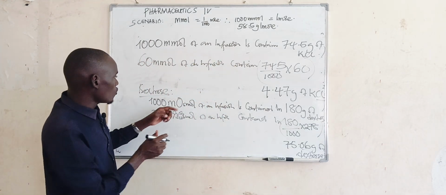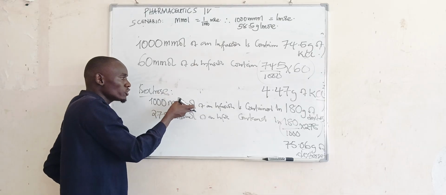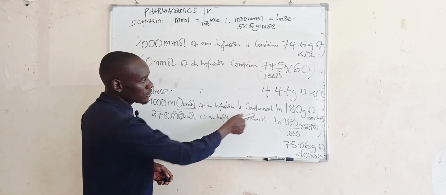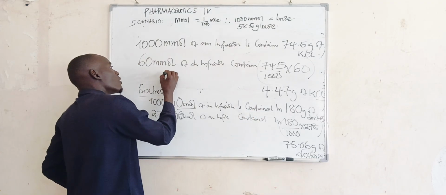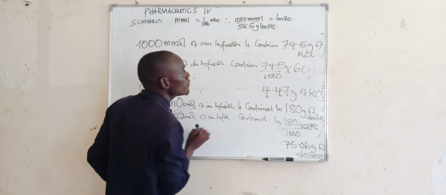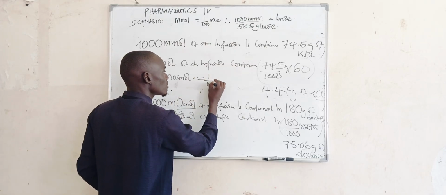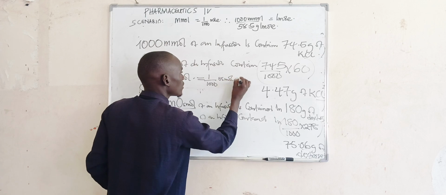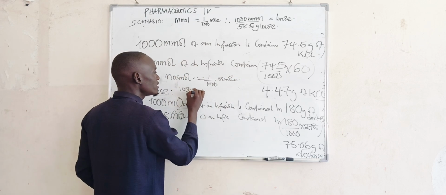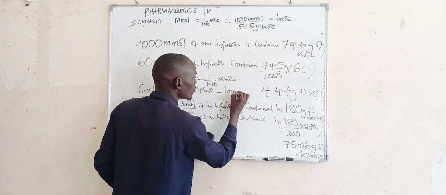To take you back a little, we want to know why we are saying 1,000 mosmoles is contained in 180 grams of dextrose. Just like we looked at millimoles, mosmole simply refers to a thousandth of an osmol. And therefore, 1,000 mosmol is equivalent to 1 osmol.